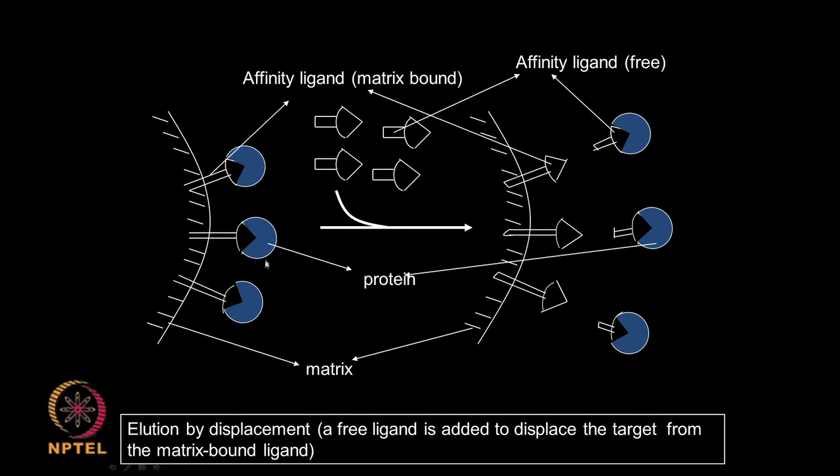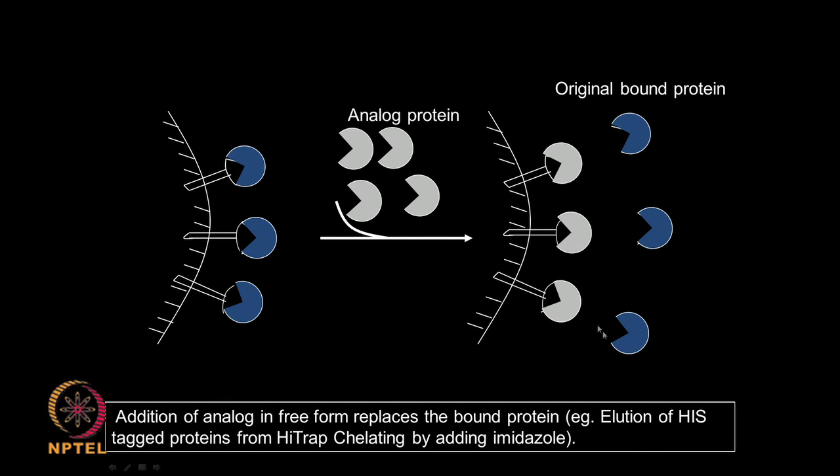The proteins that are bound on the surface will now bind to the affinity ligand, which will get washed and come out of the chromatography. Another approach is we can have an analog protein. This may have more affinity with the ligand, so that it may replace the original bound protein, which can be again removed by washing.